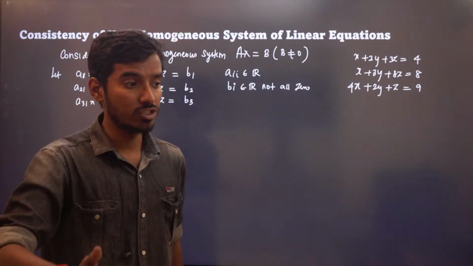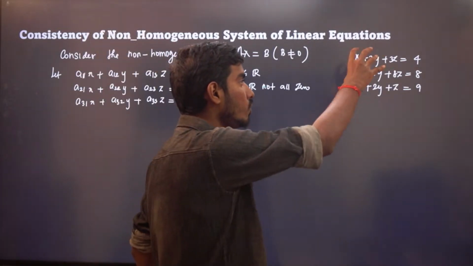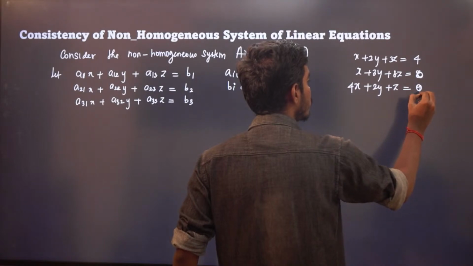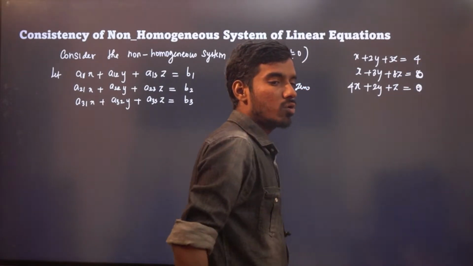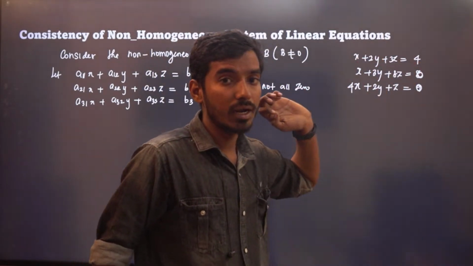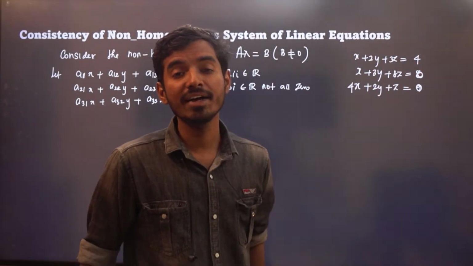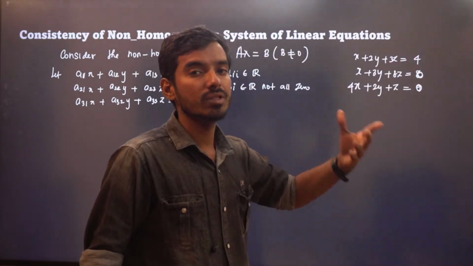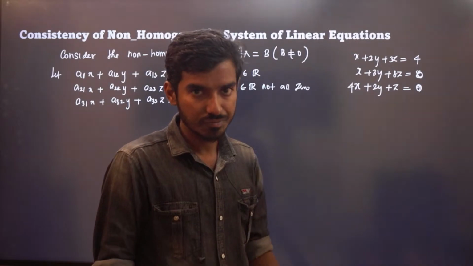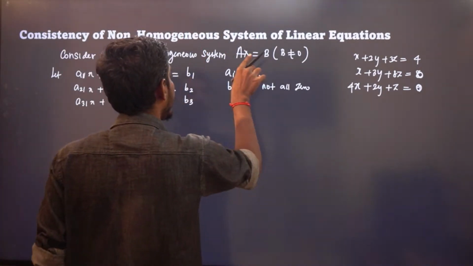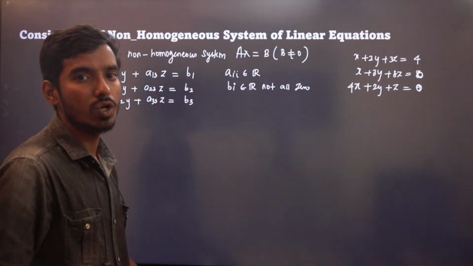Zero vector means everything has to be zero. Non-zero means your output vector has to be non-zero. Even if you have 0, 0 here, it is non-zero only. Your output vector is 4, 0, 0, which is a non-zero vector. Then we will call the system a non-homogeneous system. If the output vector is all zero, then we will call that a homogeneous system. First, we are considering only non-homogeneous, that is, your output vector B is not equal to 0. That is not a zero vector.